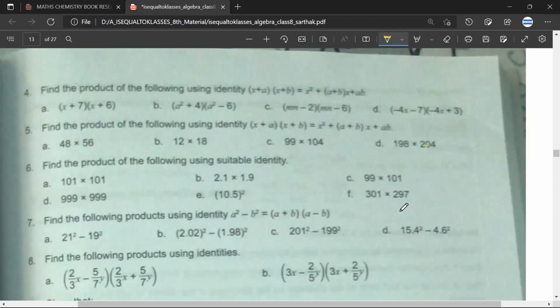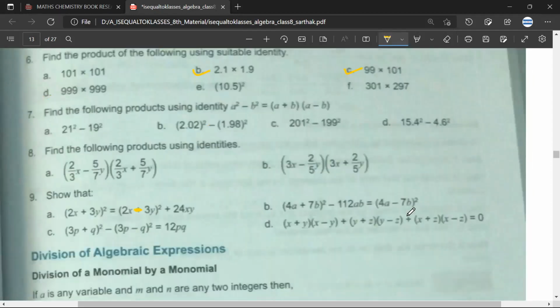And B and D you can do. A and B you can do. B and C you can do. A and B you can do. You can do both parts of these, and you can do B and D.